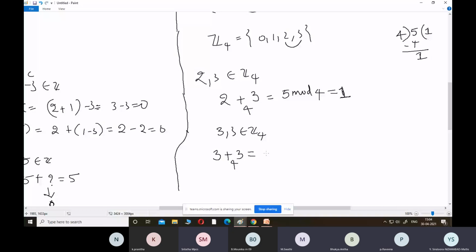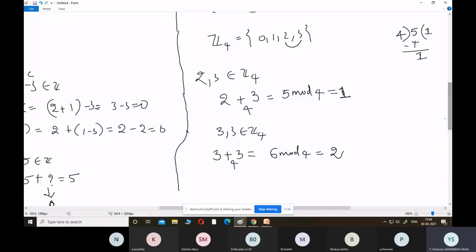Let me add them first. 3 plus 3 is 6. What is 6 modulo 4? It is 2 for us, right? So this is how you'll be adding any two elements in Zn.